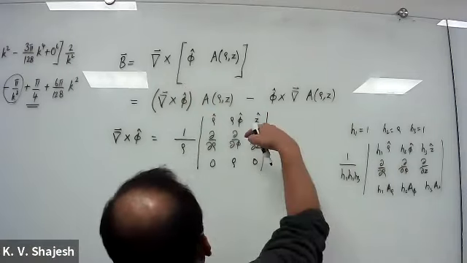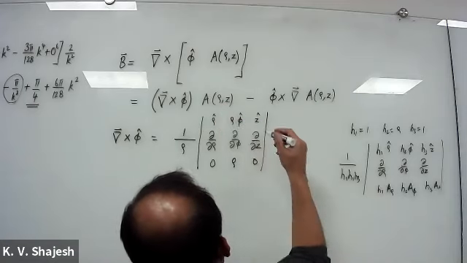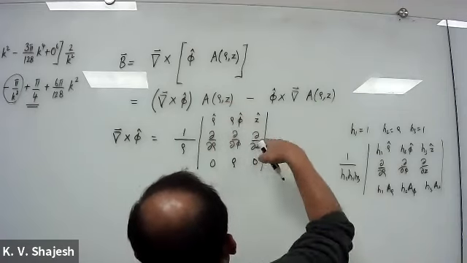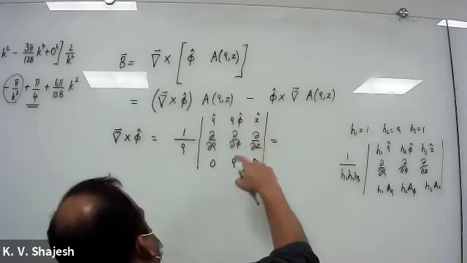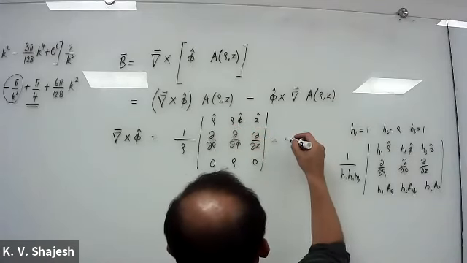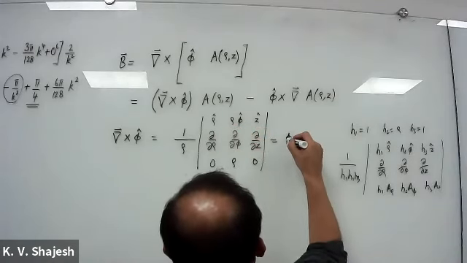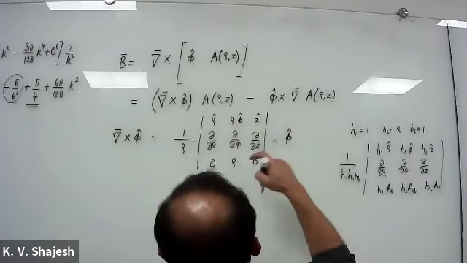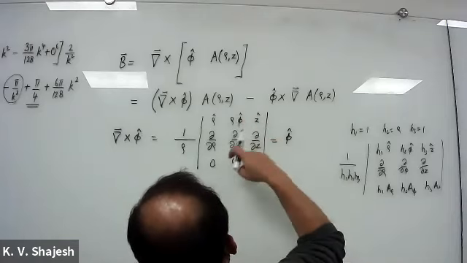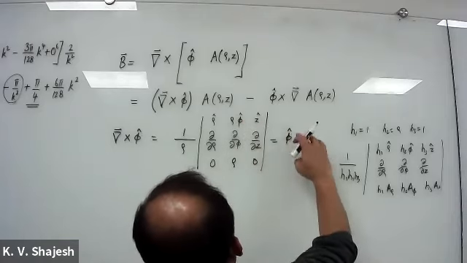Okay, so this is equal to, when it is rho hat, it doesn't contribute because d by d phi is 0 and d by dz is 0. For rho times phi hat, this contributes, so this is phi hat. And for z hat, it contributes.